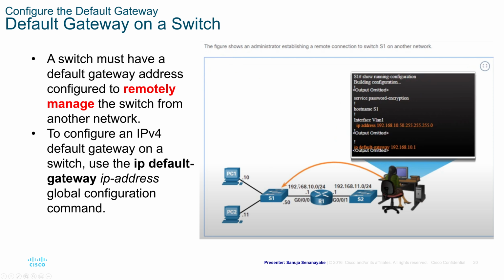So if you want to be able to configure this particular switch remotely, you need to make sure we have the ip default-gateway command added with the gateway IP address on the switch. Otherwise you won't be able to access this switch remotely from behind a router.